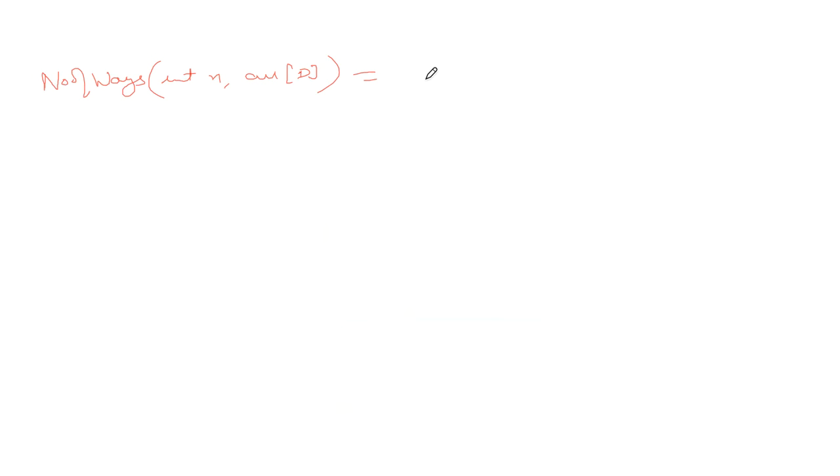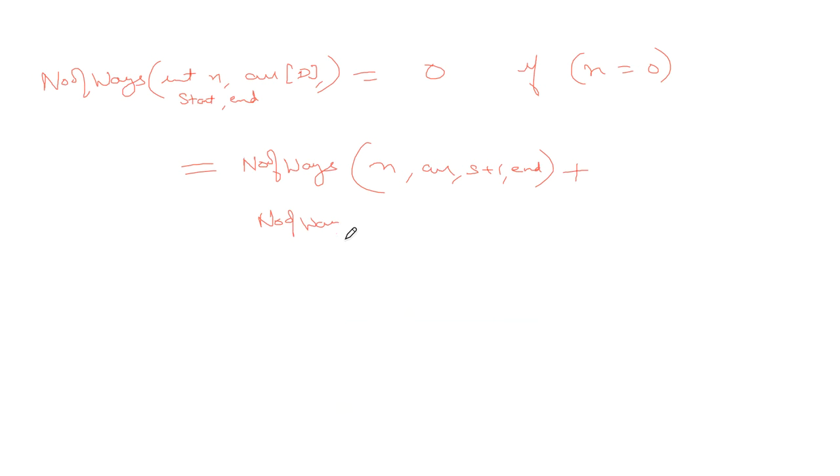It equals 0 if n equals 0, otherwise it equals number of ways not included, that means n comma array, start plus 1, end, plus number of ways included, so n minus array of start, comma array, start, end. That's it.